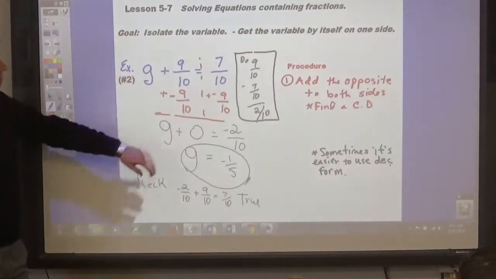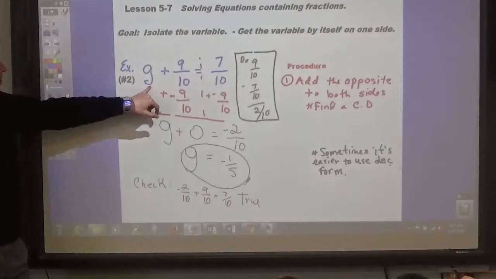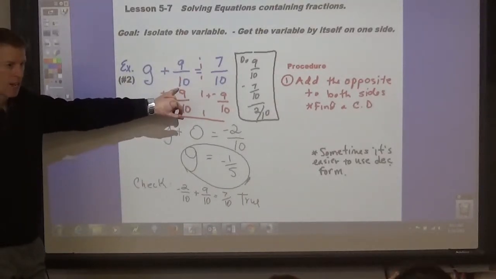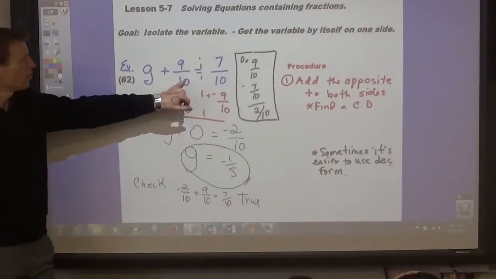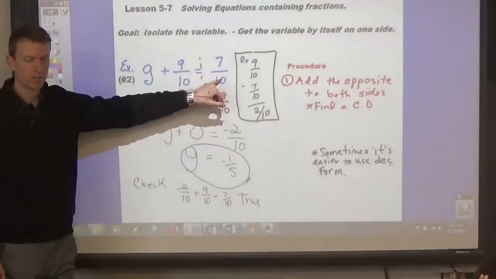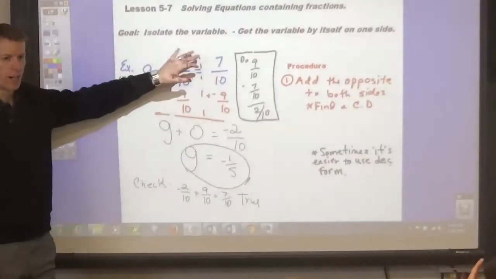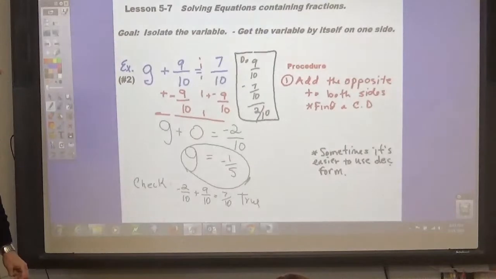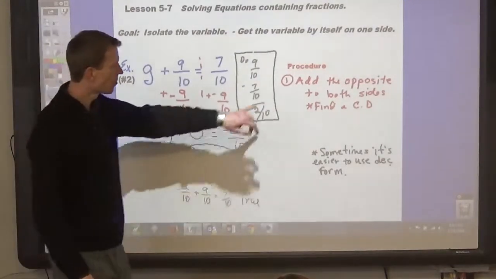All right? So, in this equation, g plus 9/10 equals 7/10. Okay? Here's an equation with fractions. We've been working with fractions in this chapter. So, let's review the procedure.